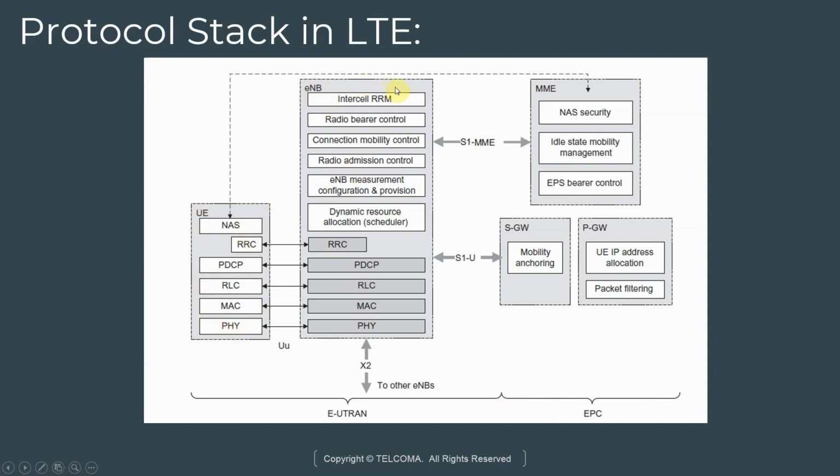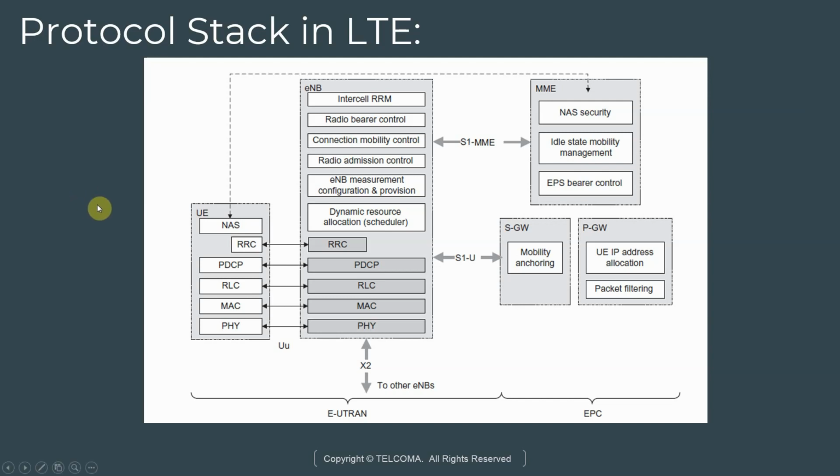You have the eNode B that's represented in this section, and you have the MME that's represented up here, and the serving gateway and the P gateway in these two boxes. So let's start by going through from left to right through each of these sections and talk about the different protocols that are involved.